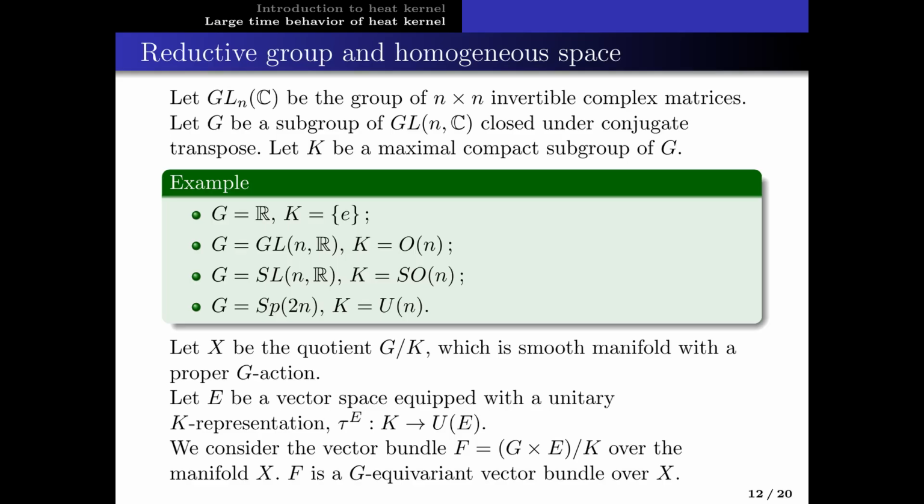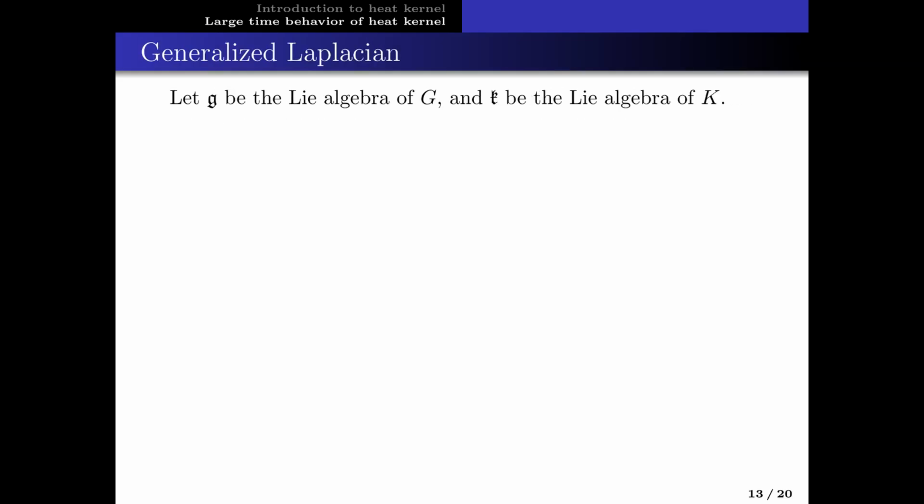Okay, now I need some infinitesimal geometry. Here we have the Lie algebra of our group G, and k, the Lie algebra of K. These are the infinitesimal objects we need to associate with our global group.